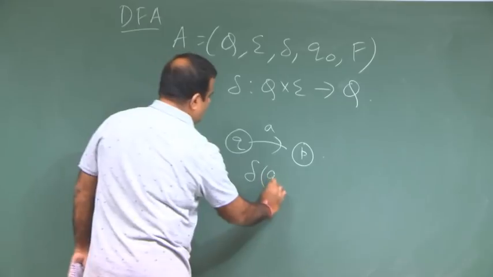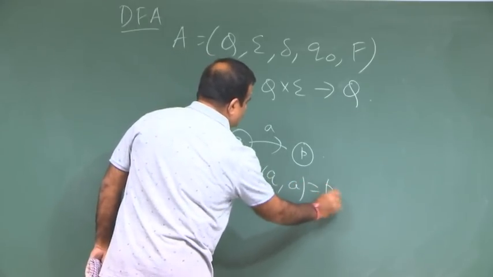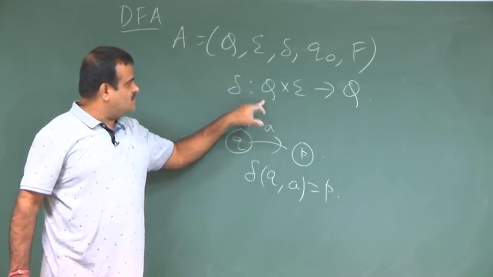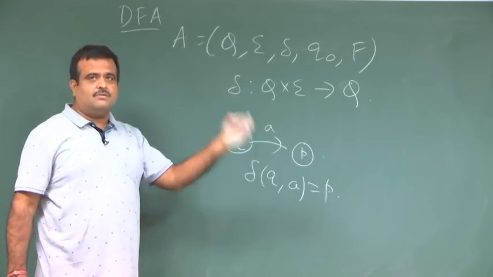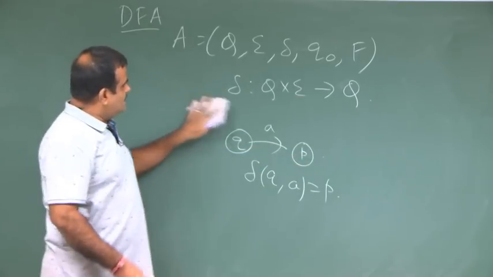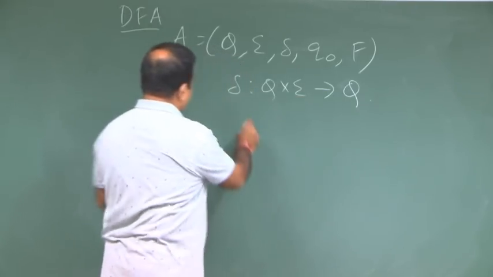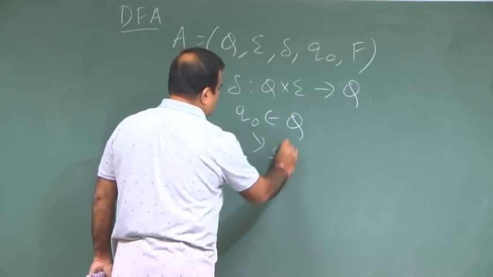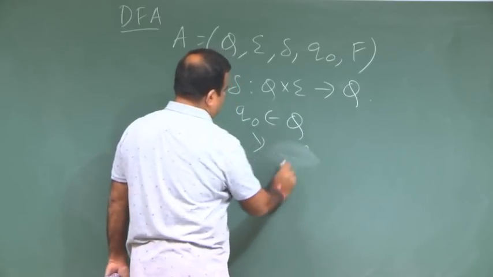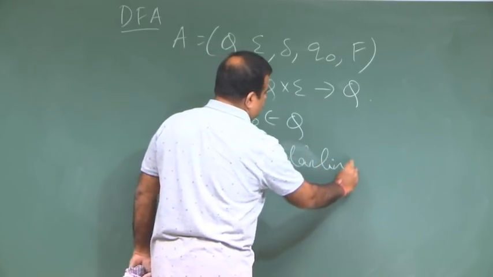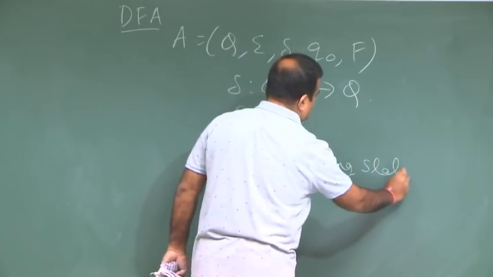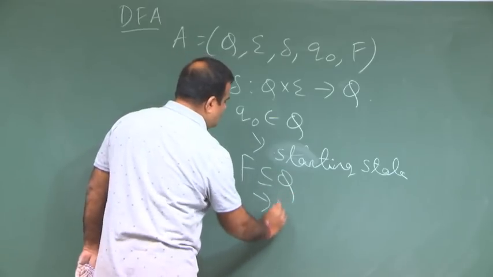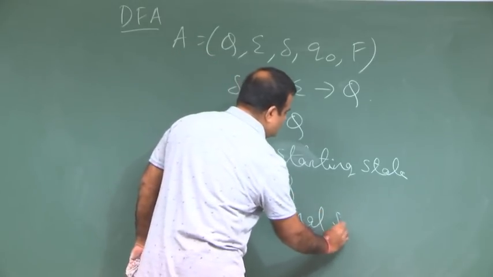So delta of q comma a is a function from Q cross sigma to the new state. Then q0 is the initial state, or starting state. And F is a subset of Q, which is called the final state or the accepted state.